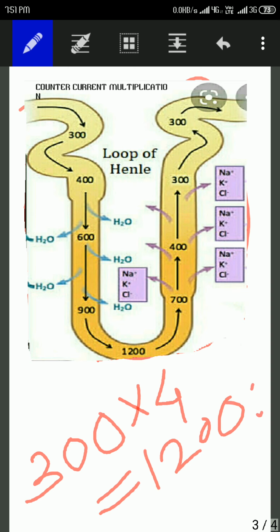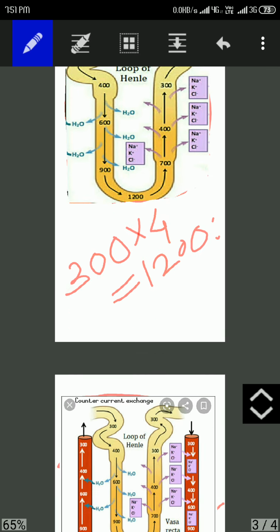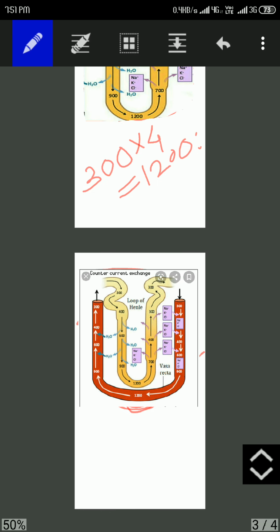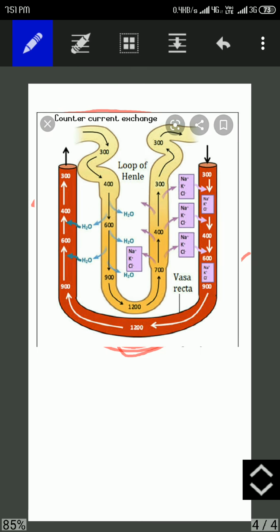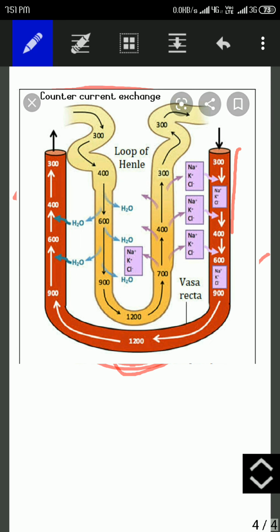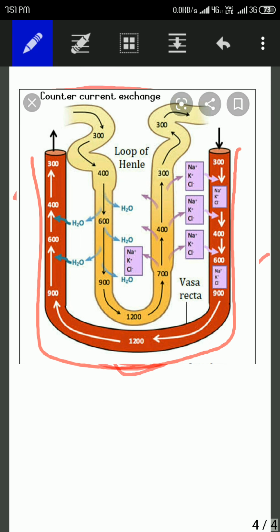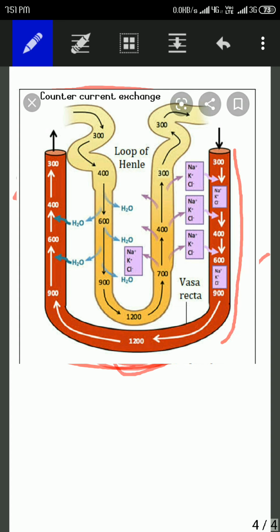Now let's go to counter current exchange. In the same diagram, I have added the vasa recta to explain counter current exchange. Here we can see the vasa recta, which has a U shape. This U shape of the vasa recta is very important.